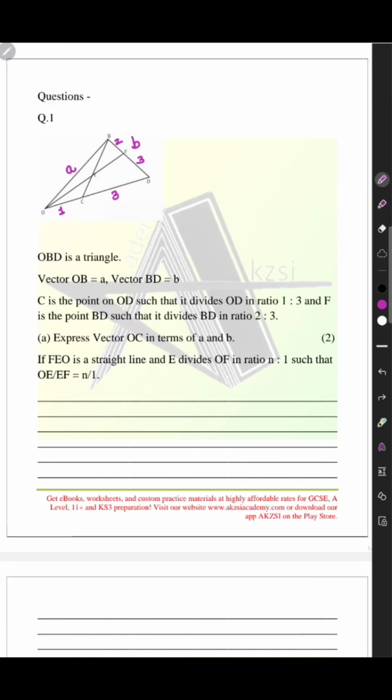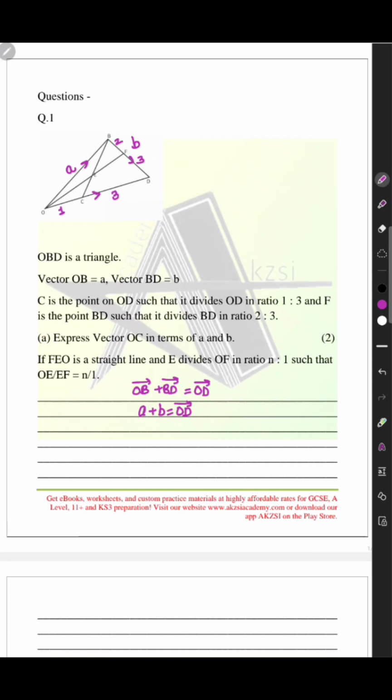In this bigger triangle, O to B is moving like this, B to D is this, and O to D is this. So when I apply the triangle law, those two that are following each other, I add them together. That will be OB plus BD equals OD. OB is a and BD is b, so OD is a plus b.